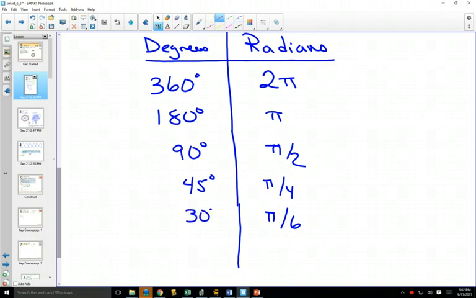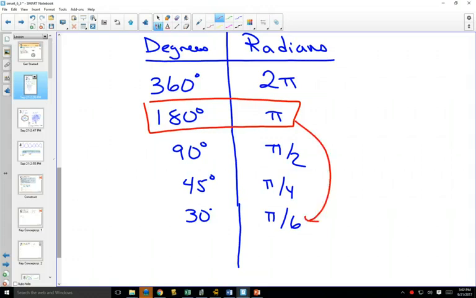One of the things I want you to notice is that this one is really helpful for figuring things out. How do you go from here to here, from pi to pi over 6? You would have to divide by 6 or multiply by 1/6. Can you see that that also happened here as a way to figure it out?